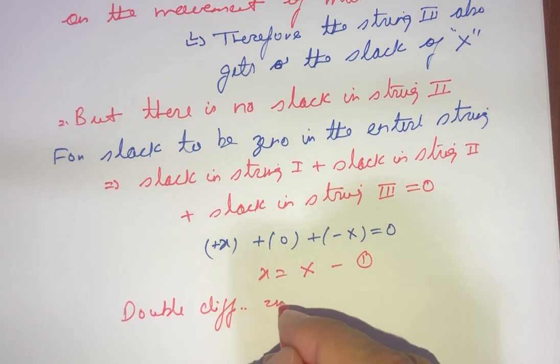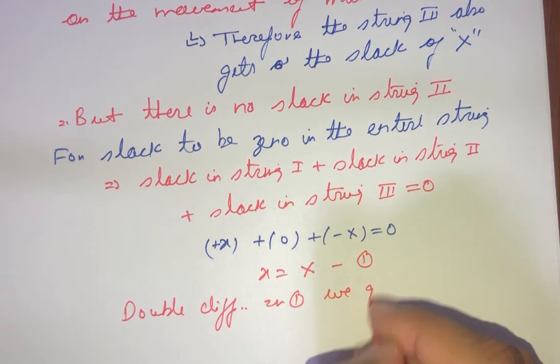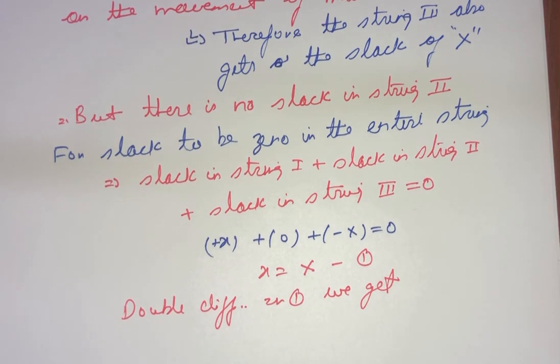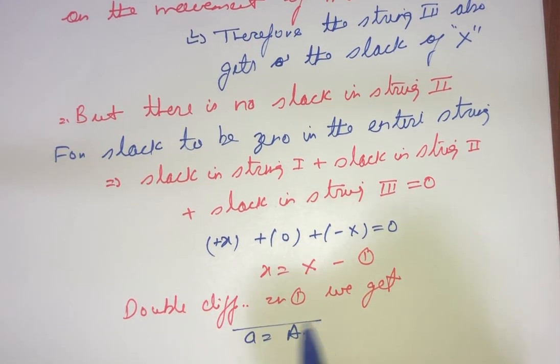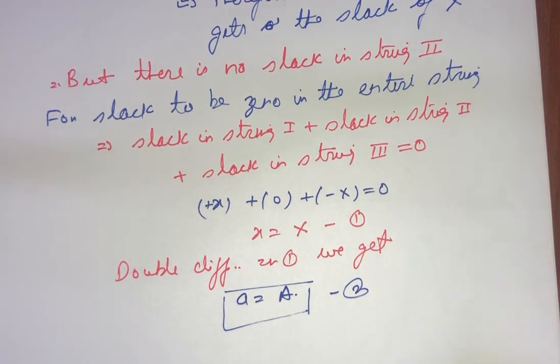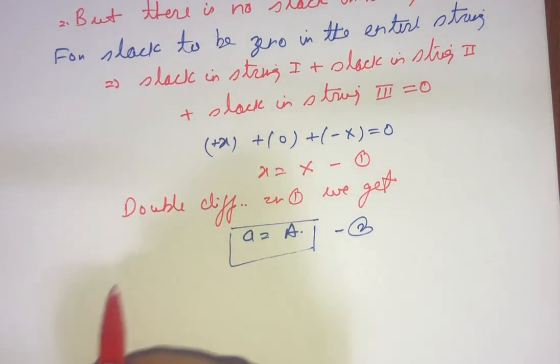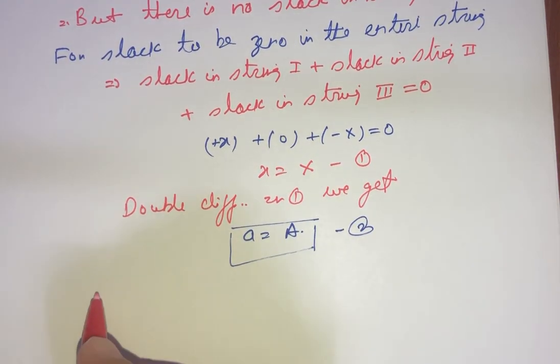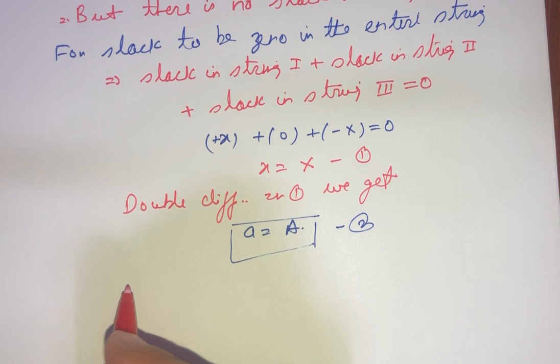Double differentiating equation 1, we get a is equal to capital A. Let this be equation number 2. Now let's draw the free body diagram of capital mass as well as small mass. Let us draw for the capital mass.